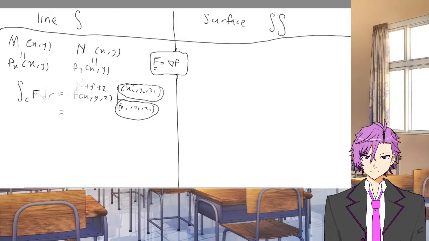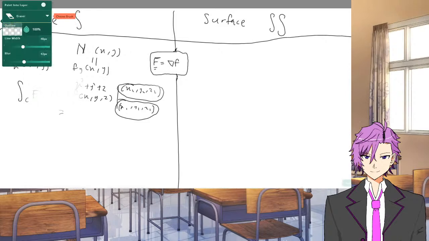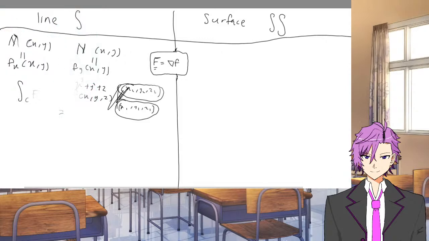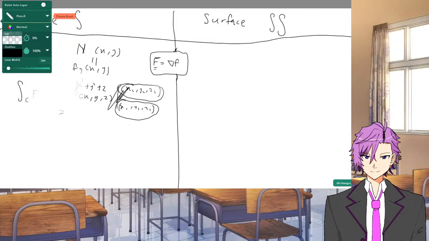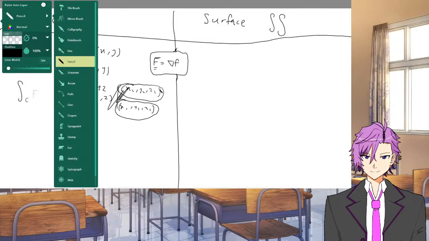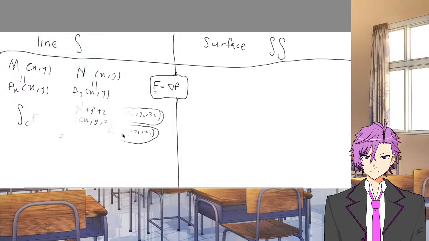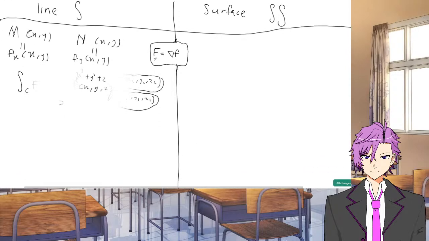So let's erase this. Let's grab a pencil. No, not that one. Wait. This is pretty hard to erase. Maybe the eraser is not high quality. So take that, take that, take that, take that.